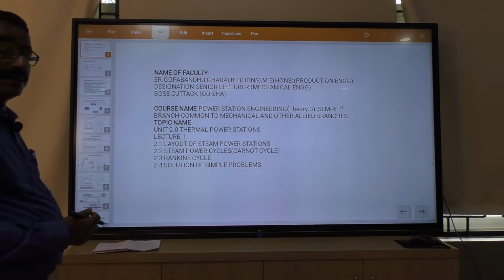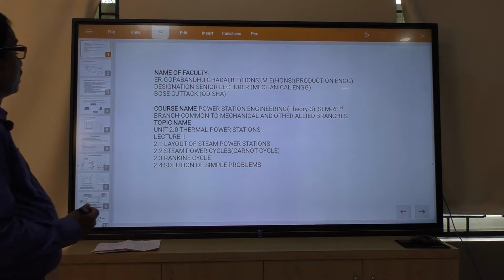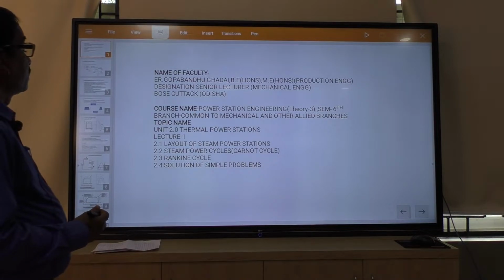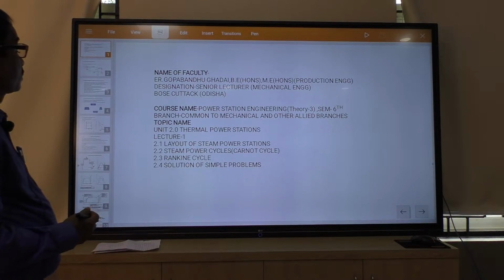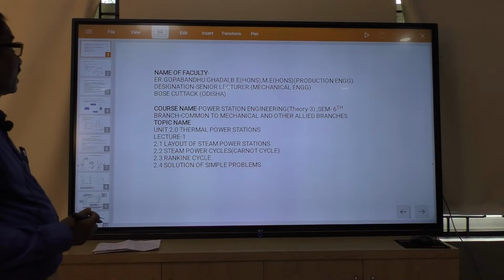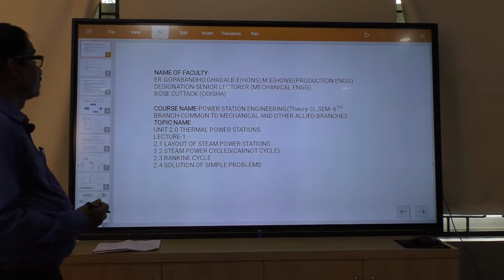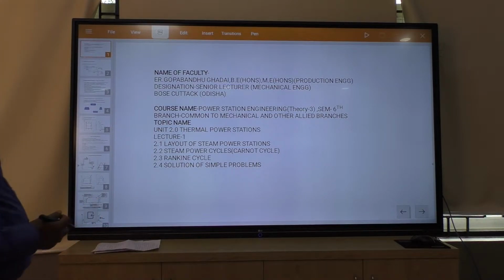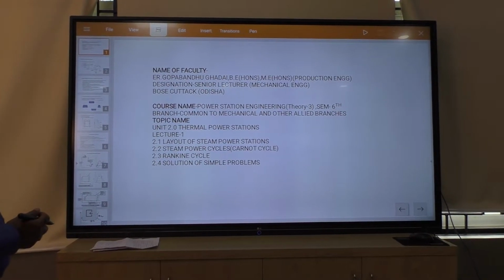In Odisha, you will find the National Thermal Power Corporation in Talcher, Kaniha area, that is the super thermal power station where the output is 500 megawatt.